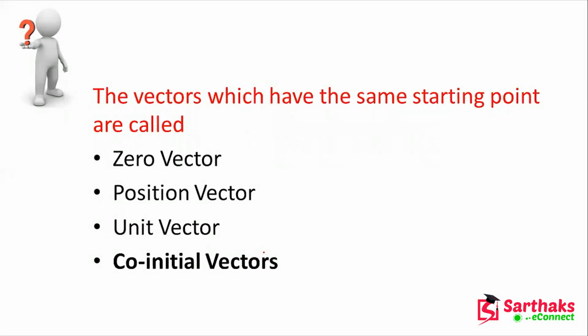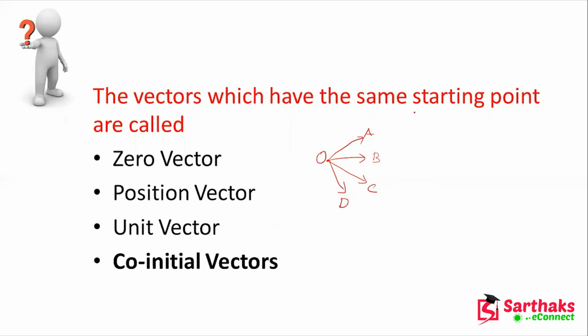The vectors which have the same starting point. I have drawn one point from where some rays of light go out, and this is the originating point O. This is A, B, C, D. So this is the co-initial vector.